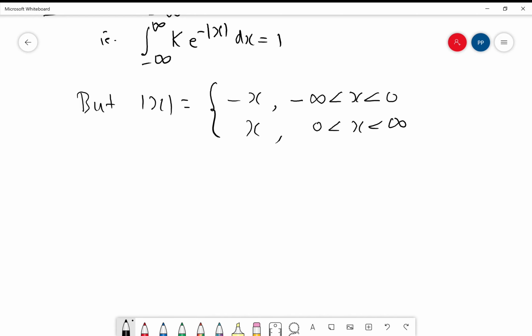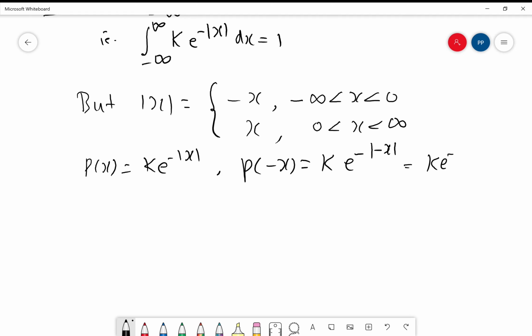Here, the function p of x equals k e power minus mod x satisfies the condition that p of minus x equals k into e power minus mod x, which is same as the given function. That means the function is even.